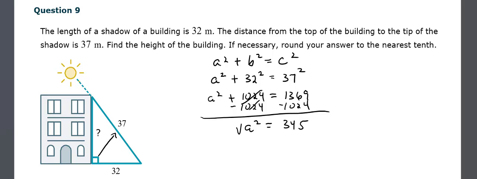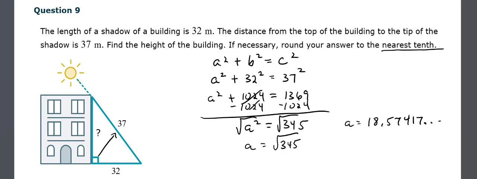And now we take the square root of both sides. And now in our instructions it says round to the nearest tenth. So in your calculator, you're going to put in the square root of 345, which equals 18.57417.